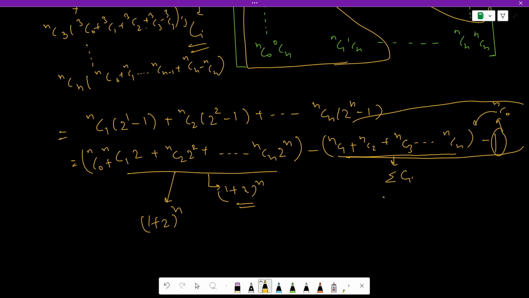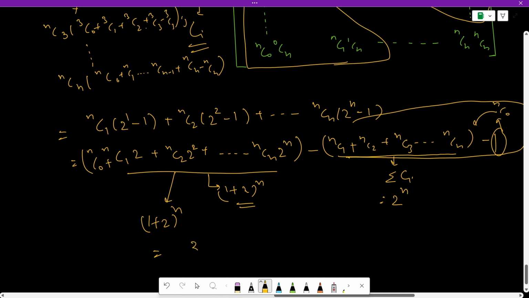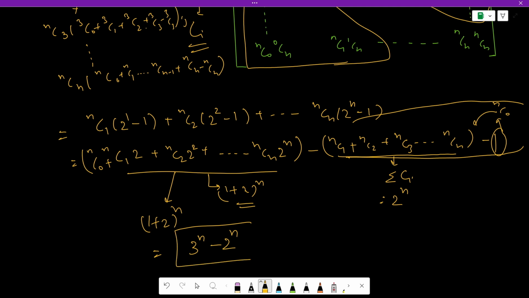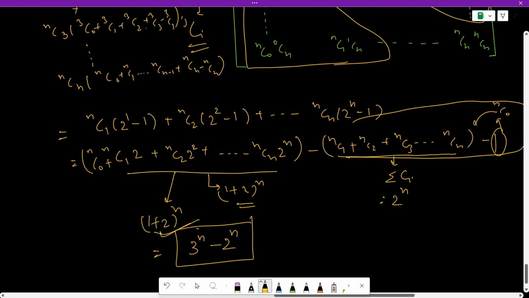So this will become 2 raised to the power n. So now we can just solve it. It will be 3 raised to the power n minus 2 raised to the power n. This is the final answer.